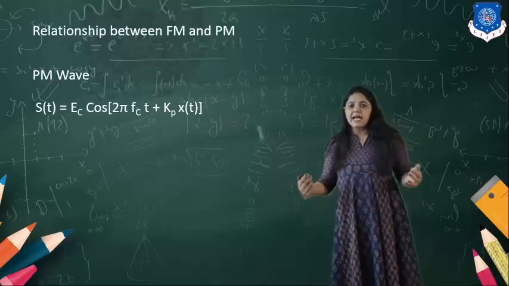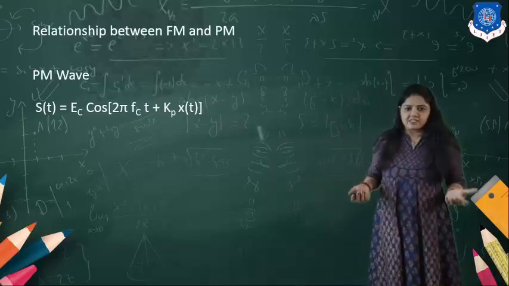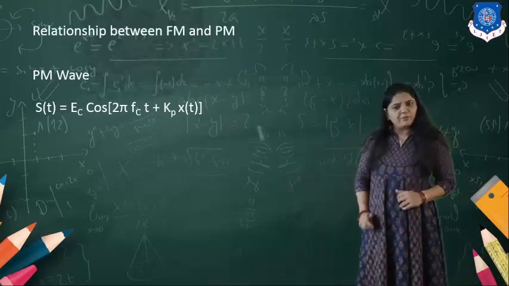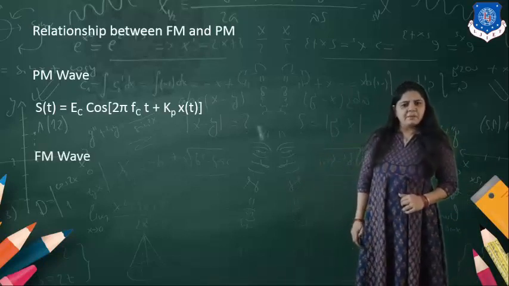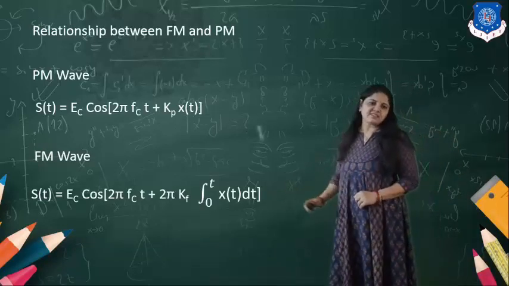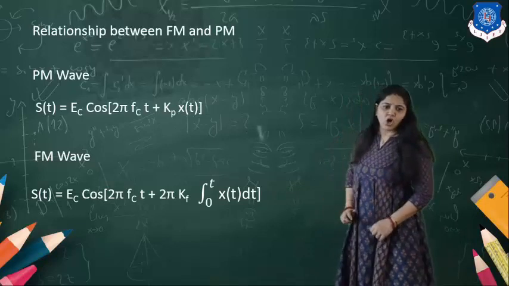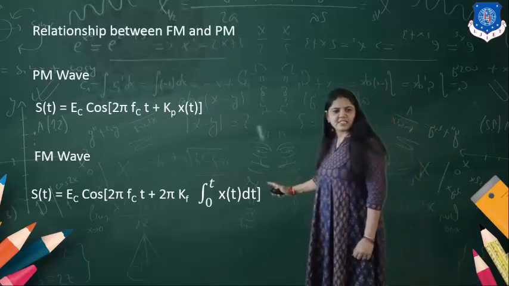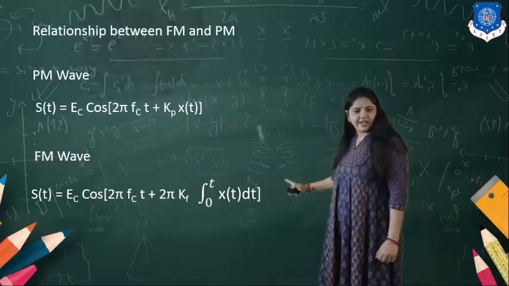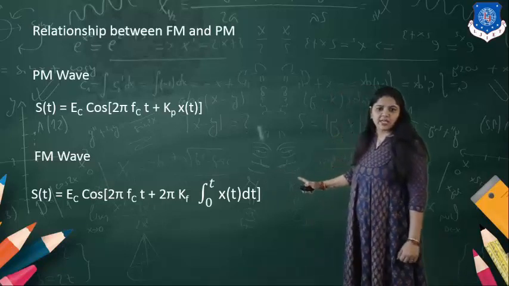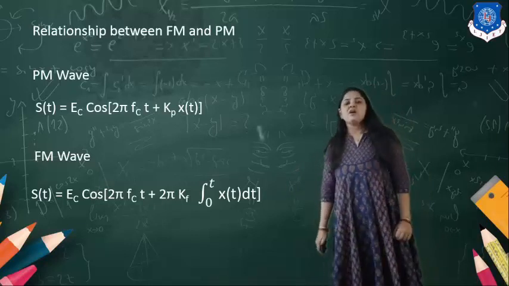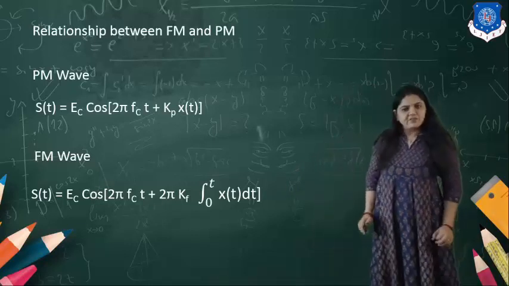By varying the amplitude of the modulating signal, we may vary the phase of the wave. Similarly, the FM wave is s(t) = Ec cos(2π fc t + 2π Kf ∫0 to t x(t) dt), where Kf is the frequency sensitivity.